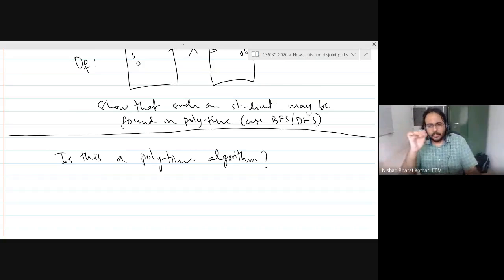Supposing I tell you that all the capacities are integers. Then will it terminate? So there is a more fundamental question that you are asking. Will the algorithm terminate?